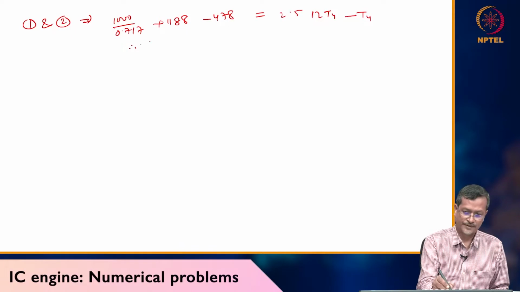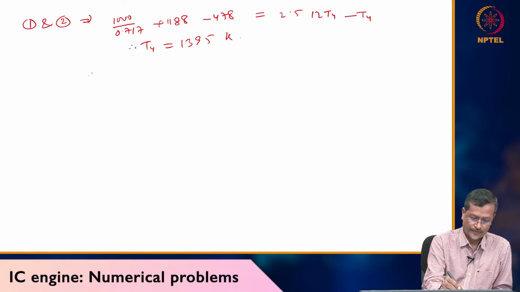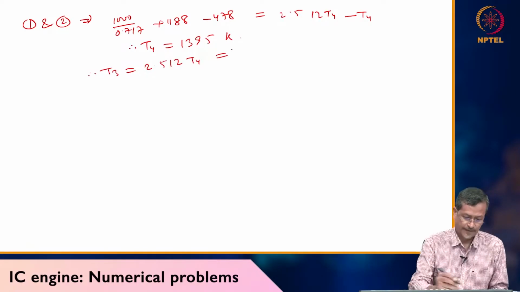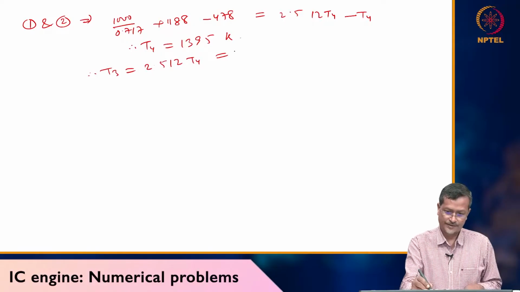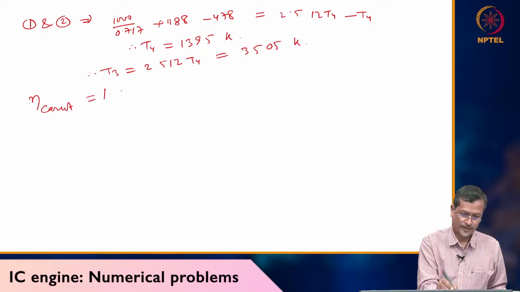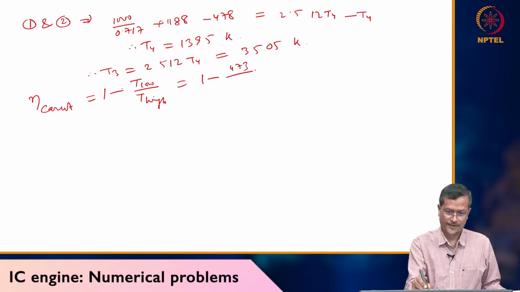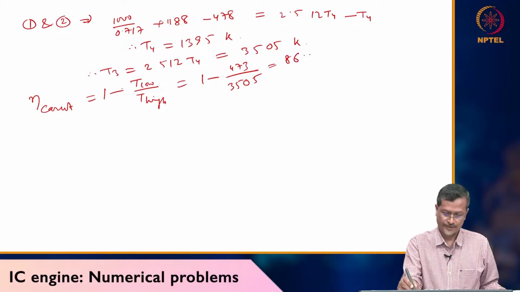So this gives T4 equals 1395 K. Therefore T3 equals 2.512 T4, which implies T3 equals 3505 K. Now eta Carnot equals 1 minus T low divided by T high. So 1 minus 473 divided by 3505, which gives 86.5%.